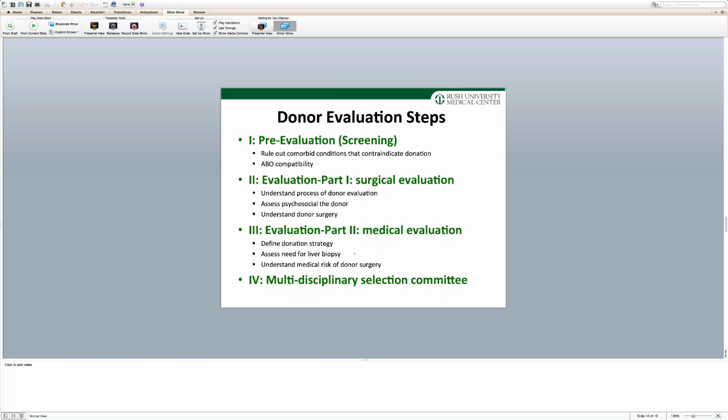In this part, we evaluate the quality of the potential graft, and sometimes this step requires a liver biopsy, and we also understand if there are any medical risks for the donor surgery. And the fourth part, similar to the recipient evaluation, we have a multidisciplinary selection committee meeting where we decide if the risks and the benefits of this process favor accepting or rejecting the potential donor.